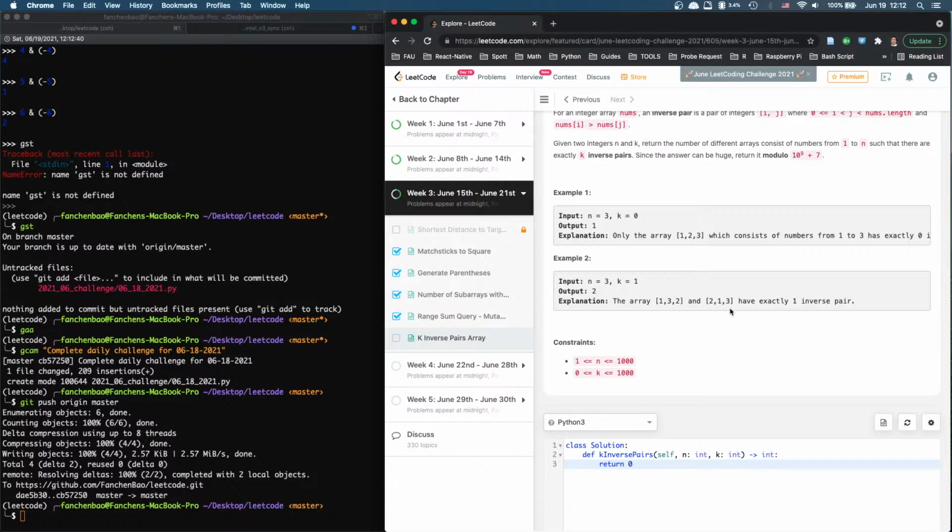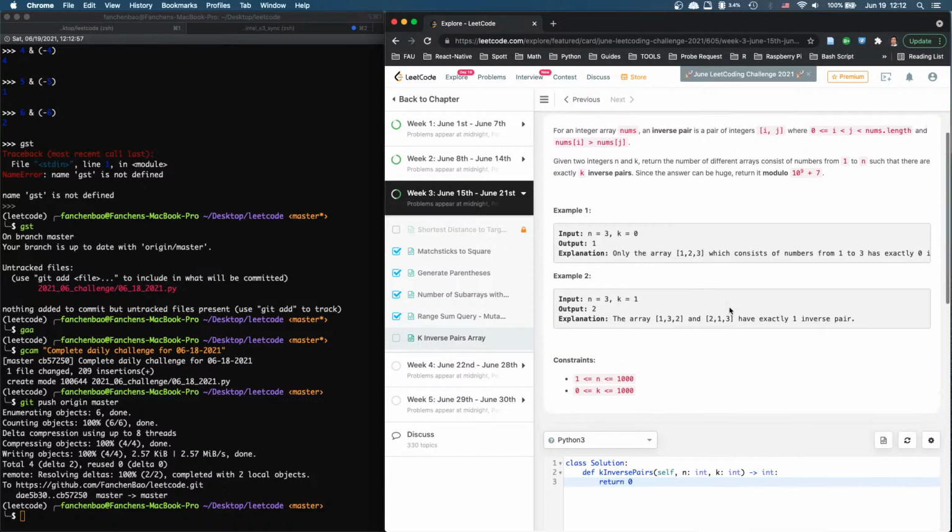Let's say k can be what? k can be 0. What does 0 mean? 0 is 0 pairs, so that's nothing. Let's write it out. So k can be 0, 1, 2, 3, 4, and this is k, this is n. n can be 0, 1, 2, 3, 4, 5.